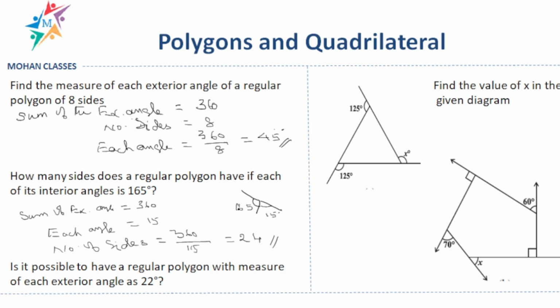Is it possible to have a regular polygon with each exterior angle measuring 22 degrees? It is not possible, because the sum of the exterior angles is 360.